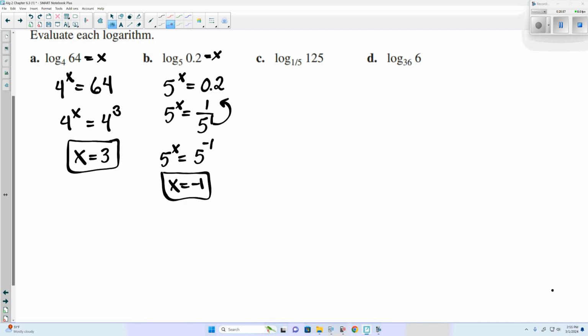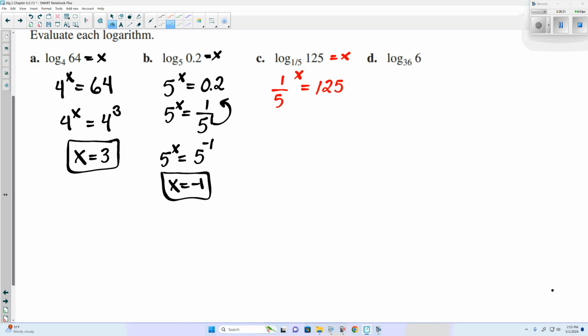Let's look at the next one. Log base 1/5 of 125 is equal to x. Exponential form would say what? 1/5 to the x equals 125.